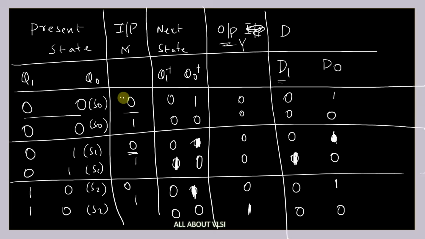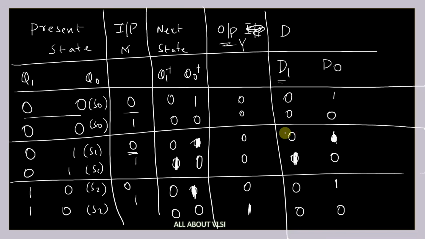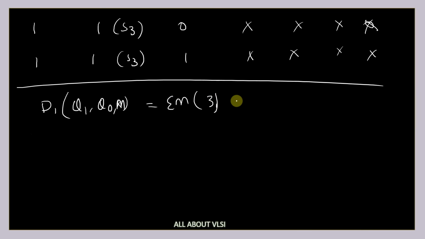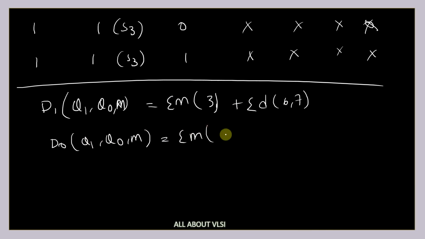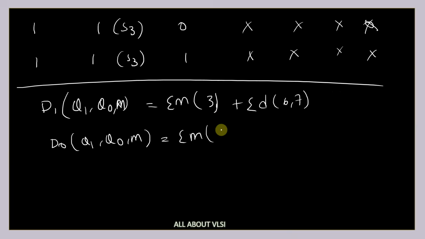Here, X, sorry, M is nothing but my input. The minterms for my D1: 0, 1, 2, 3, and 3 is the only minterm which I'm going to get, plus don't cares of 6 and 7. And for D naught, in terms of Q1, Q naught and M, the minterms are 0, 2, 4, plus don't cares 6 and 7.